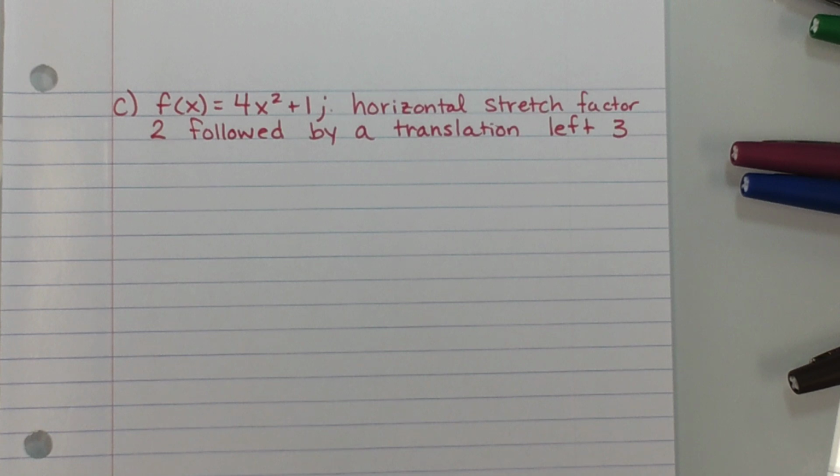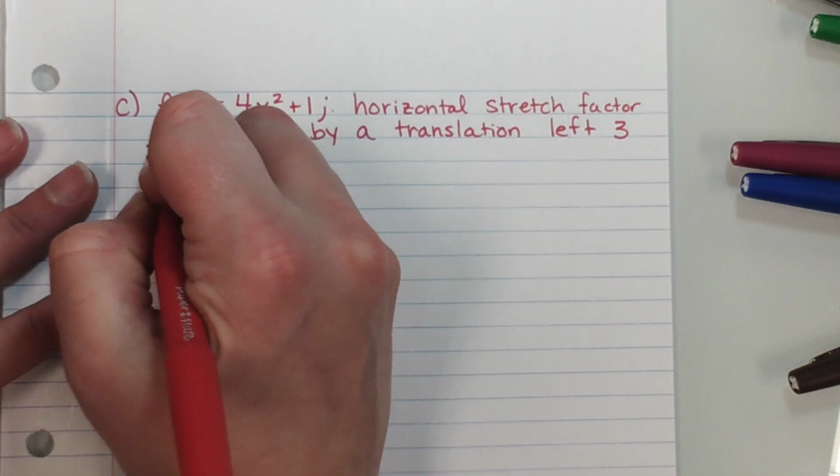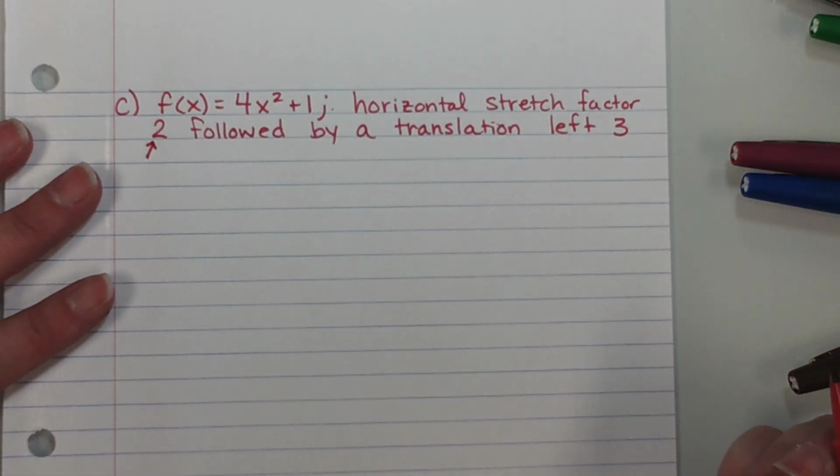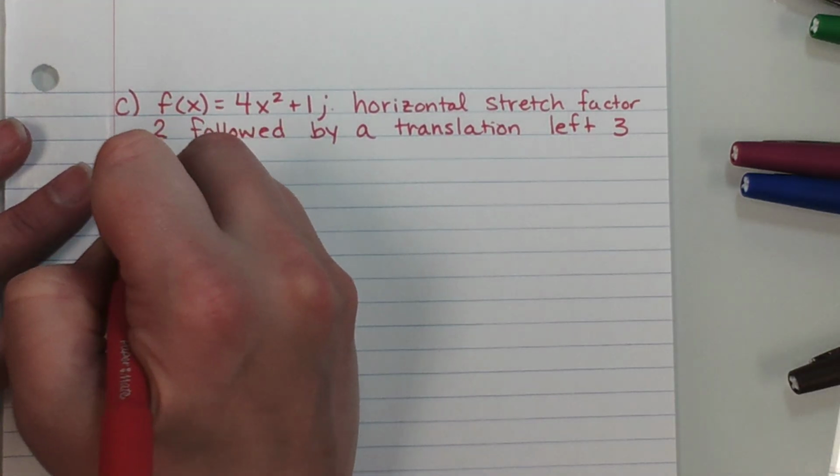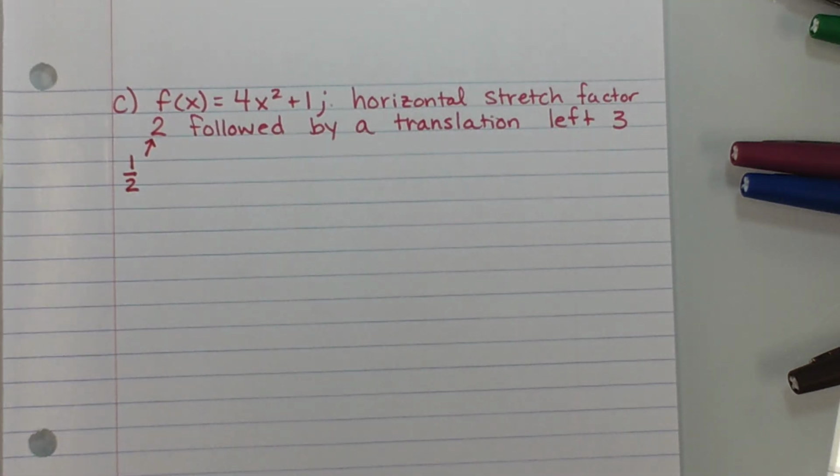Horizontal stretch factor of 2 followed by a translation left 3. Horizontal stretch comes first. It's horizontal, which tells me to do what with the factor it gives me? Flip it. Instead of 2, I'm going to put in 1/2. Where does horizontal go? Inside or outside the parentheses? Inside, being multiplied.